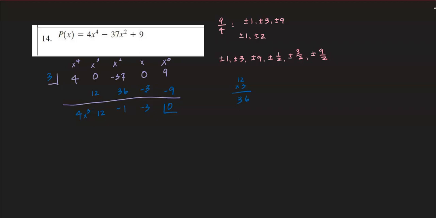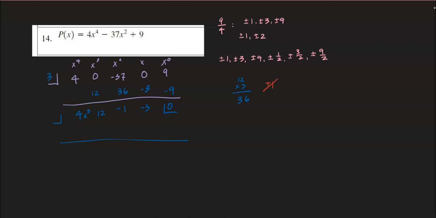Okay, let's try another one. 1 didn't work. So positive 1 is never going to work. Okay, so we've taken out the positive 1. I'll keep on writing plus or minus. Plus 1 does not work.